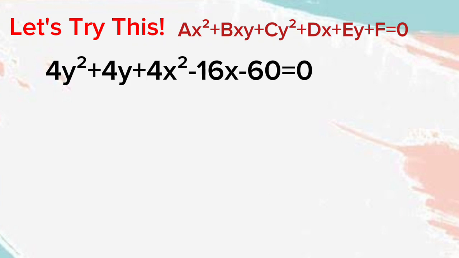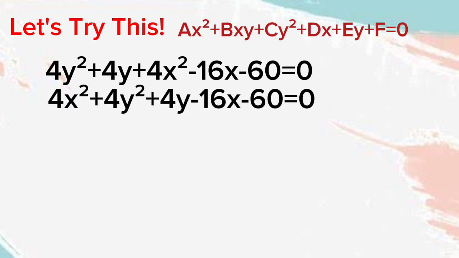Now let's try this example. We have 4y squared plus 4y plus 4x squared minus 16x minus 60 is equal to 0. We can arrange this in standard form: 4x squared plus 4y squared plus 4y minus 16x minus 60 is equal to 0. Then we need to find the values of a, b, and c.